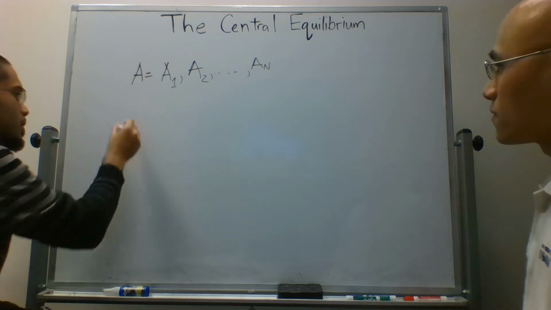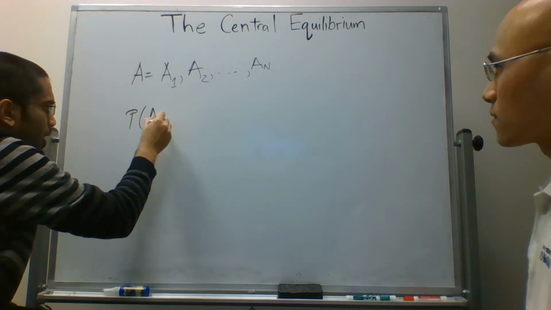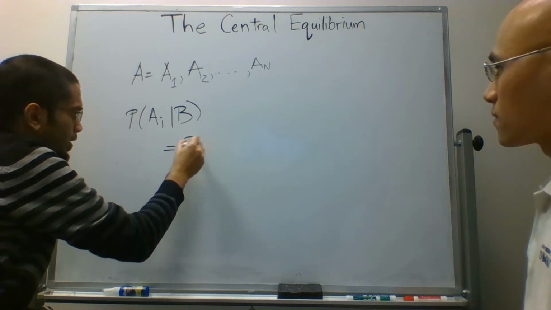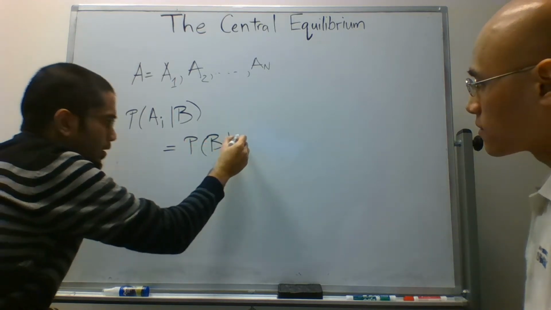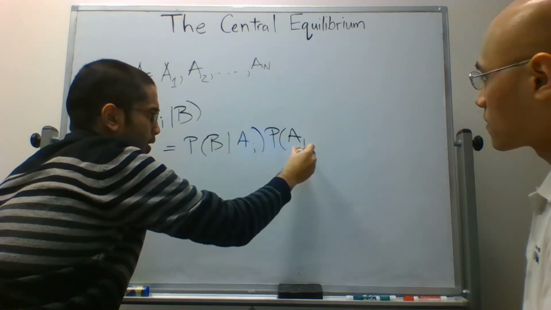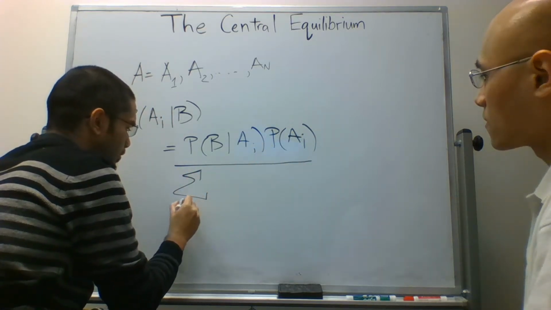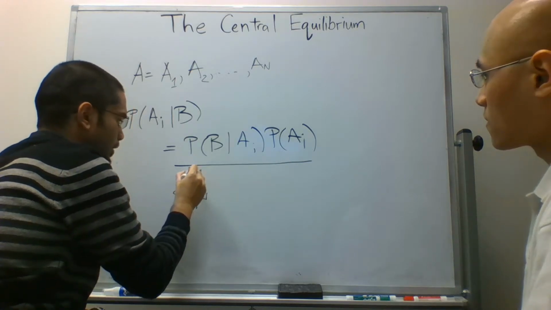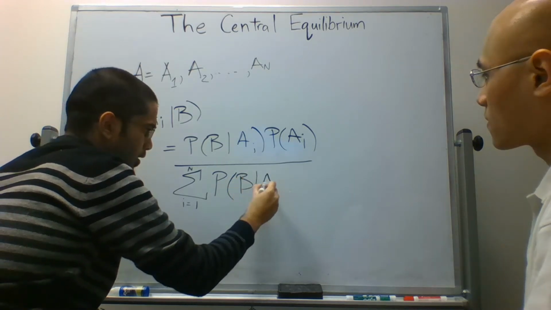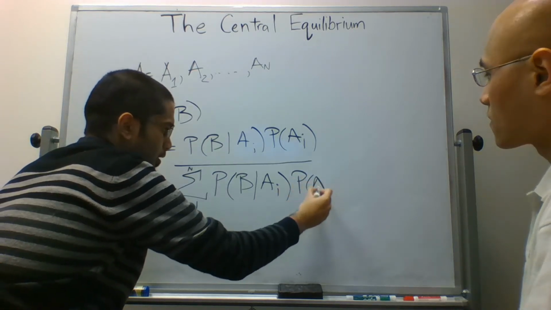And with Bayes' theorem, probability of A_i given B is equal to probability of B given A_i times probability of A_i over all possible ways, the sum from i equals 1 all the way to n, of probability of B given A_i times probability of A_i.